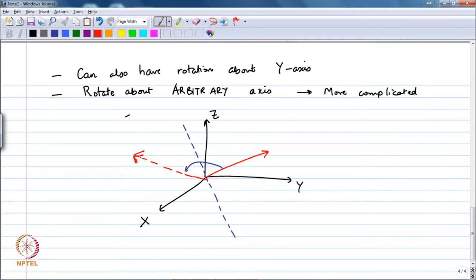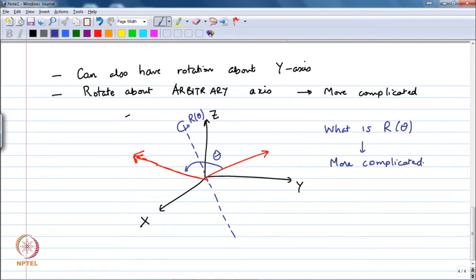Then you could ask the question, what is the matrix for this? So, you are rotating about this axis by angle theta. Now, this is a considerably more difficult question. So, this is more complicated, but can be worked out.